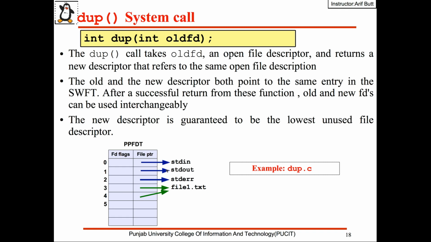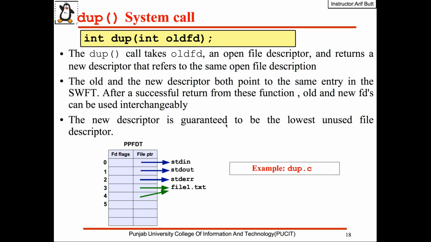For example, if this is the PPFDT of a process and it has descriptors 0, 1, 2 pointing to stdin, stdout, and stderr, and suppose I have opened a file at descriptor 3, and later on I call dup with 3 over here, it will return me 4, and now both 3 and 4 are pointing to this file. And remember, the new descriptor that dup returns is guaranteed to be the lowest unused file descriptor.